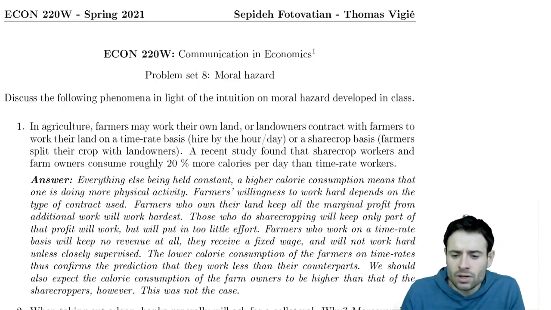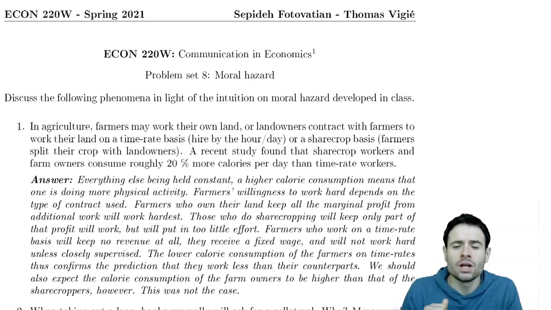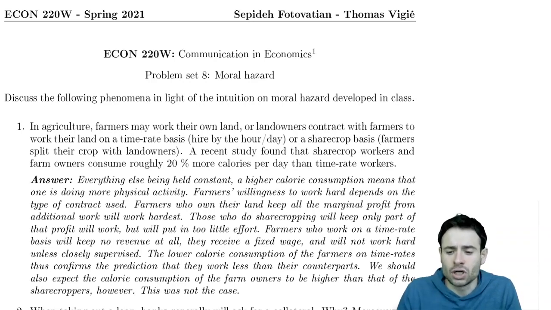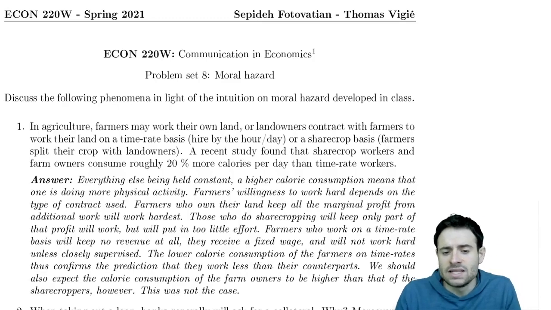So the lower calorie consumption of the farmers on time rates thus confirms the prediction that they work less than their counterparts, the ones who either own their land or the ones who sharecrop. According to this study, sharecrop workers and landowners both seem to exert the same amount of calories, which is 20% more than time rate workers.